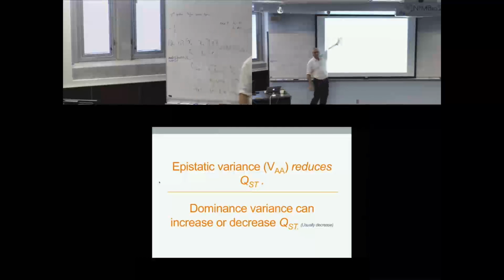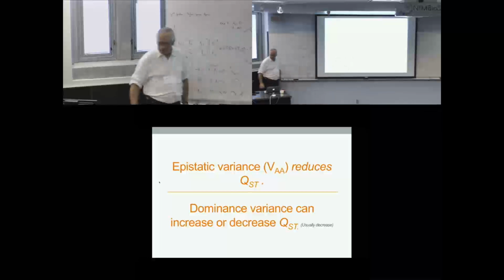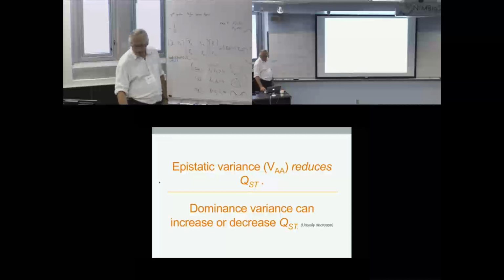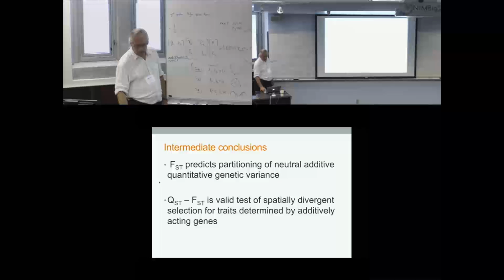Epistasis, probably not a big problem if we're looking for local adaptation. Dominance variance is more difficult. It's probably not that big a deal, but in any particular case, we don't know for sure. All right. So, just the stuff we just said: FST can help you predict the structuring of quantitative genetic variance.